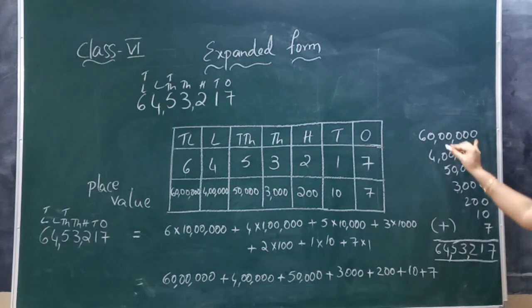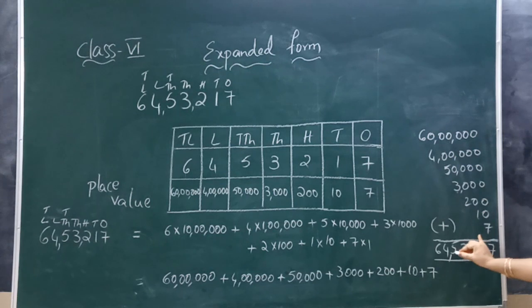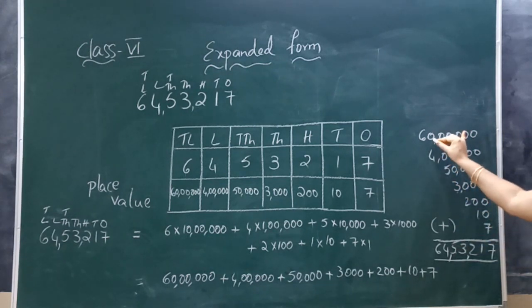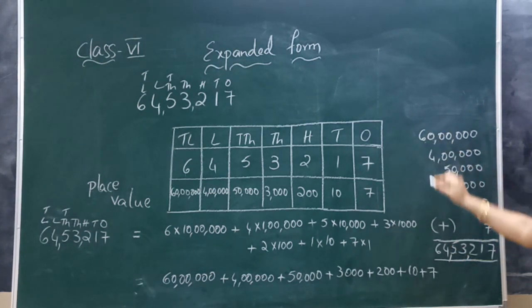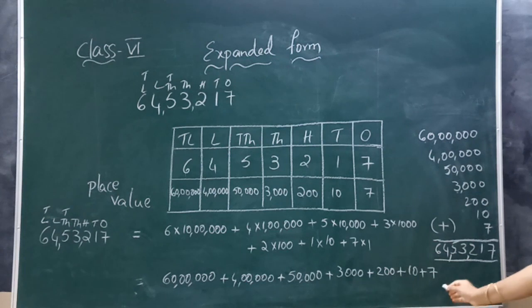In the 10,000 place we got 5. In the lakhs place, 0 plus 4, 4. In the last, 10 lakhs place, we got 6. So the total number is 64,53,217. Do you understand?